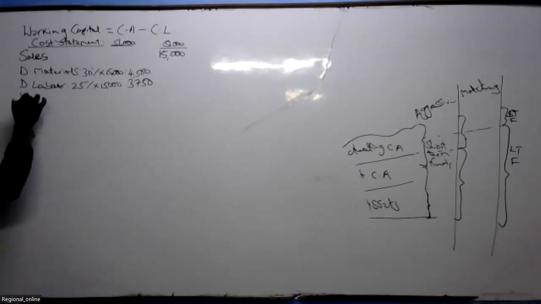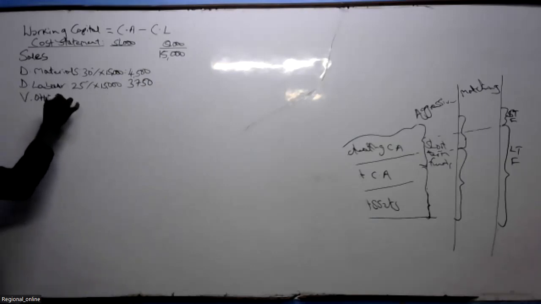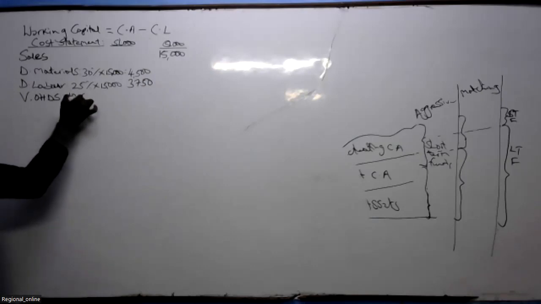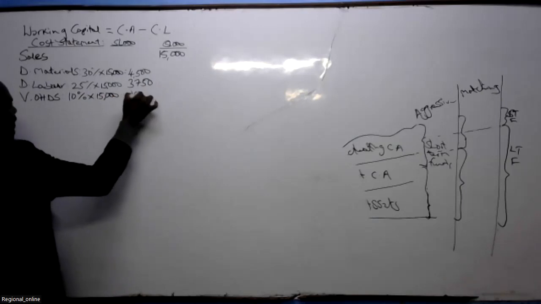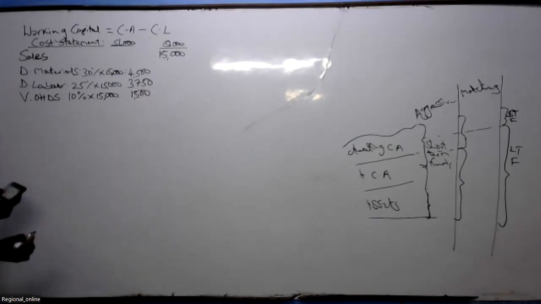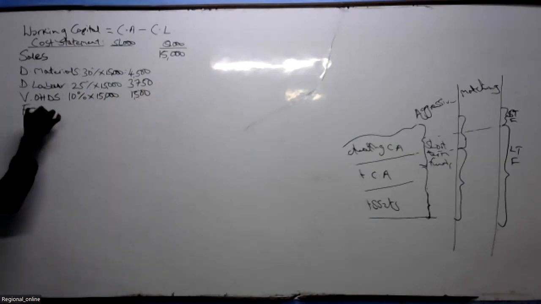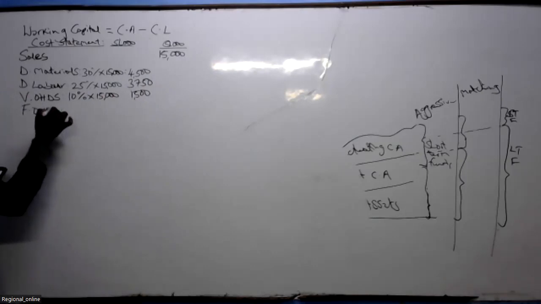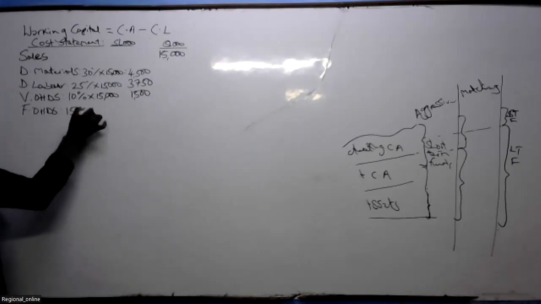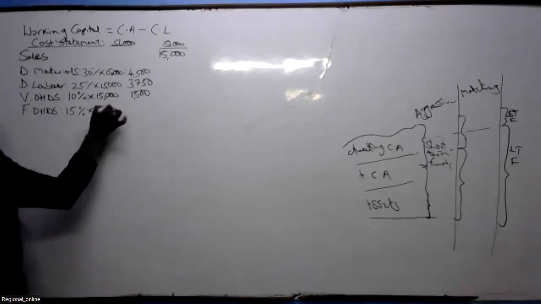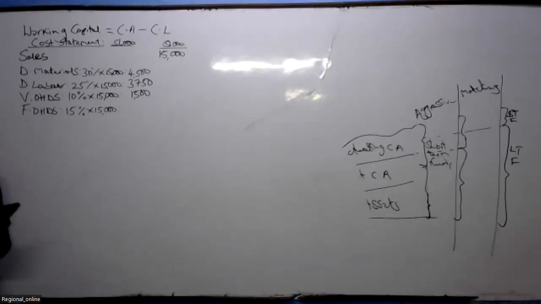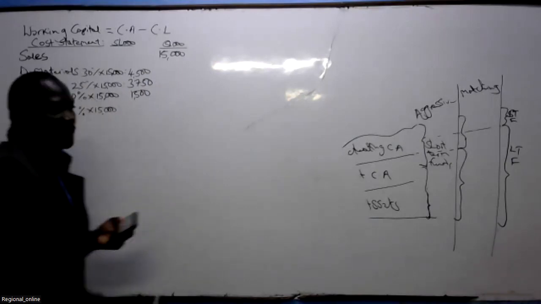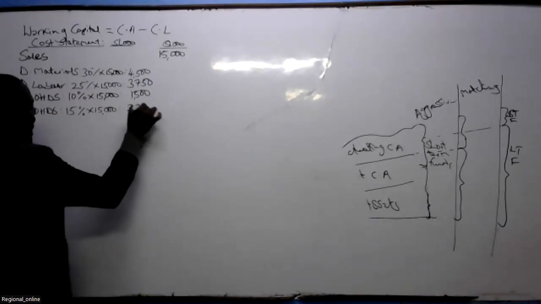There are variable overheads, 10%, which is 1,500. Fixed overheads is 15% of 15K, giving us 2,250.